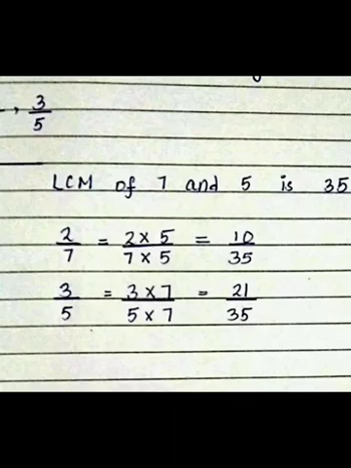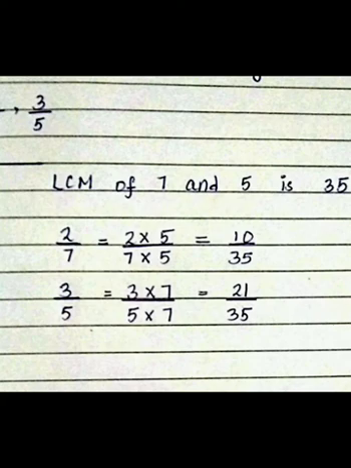Let's find the equivalent fraction of 3 by 5. Divide 35 by 5 and we get 7, so that means 5 into 7 is equal to 35, and multiply the numerator by 7. 3 into 7 is equal to 21, and 5 into 7 is equal to 35.